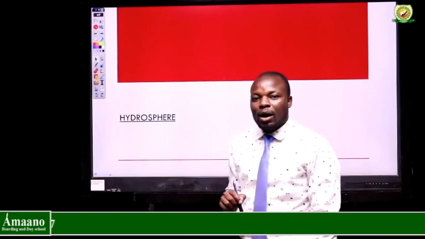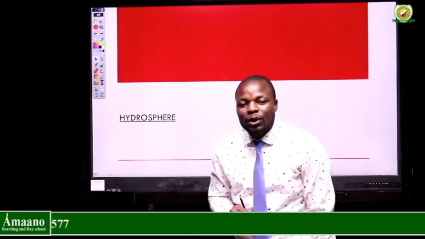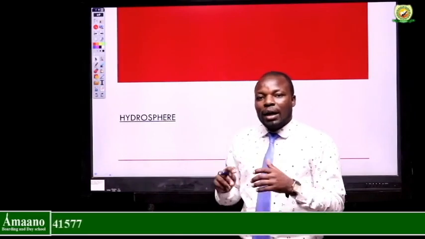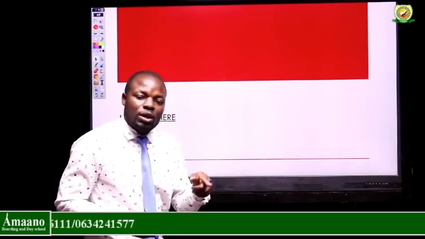Now, today we shall be looking at underground water. As we were looking at our lesson last time, underground water was part of the hydrological cycle that we looked at. Remember, we said it is a process in which water gets to the atmosphere and back to the Earth's surface in a continuous process.